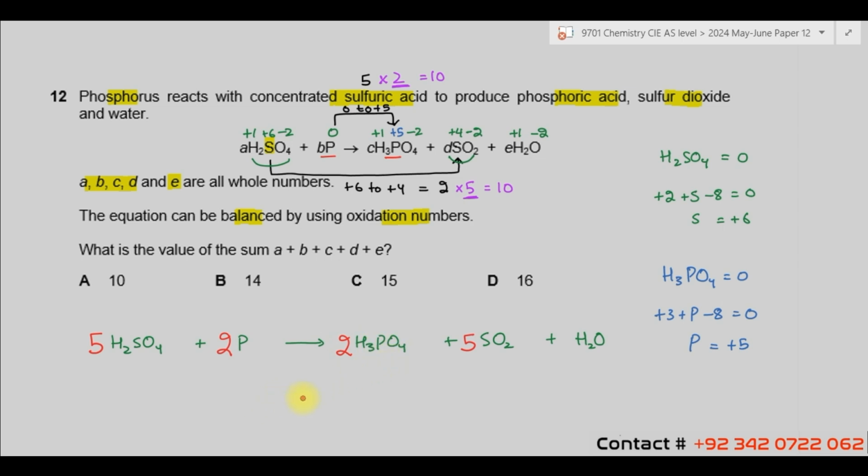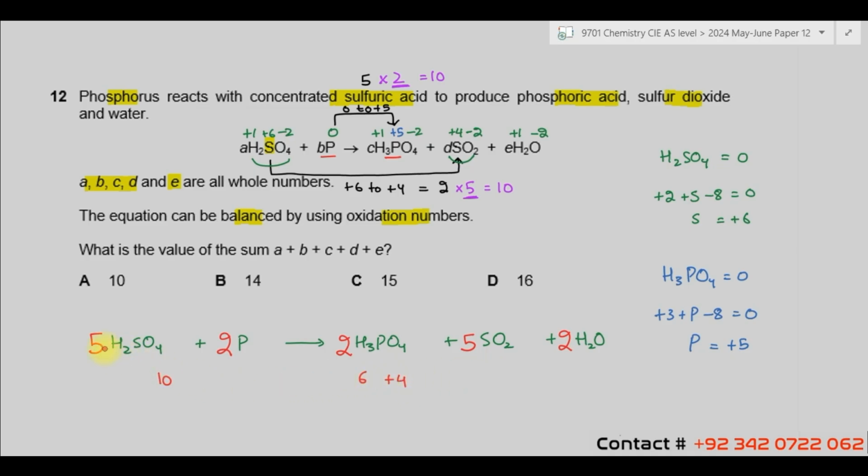Now let's balance by inspection method. Sulfur is 5, balanced. Phosphorus is 2, balanced. Hydrogen is 10, 5 into 2 is 10, so there are 10 hydrogens. 3 into 2 is 6, so we need 4 more. So if we multiply water with 2, it will become 4.